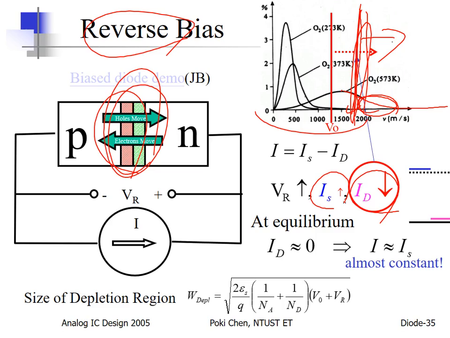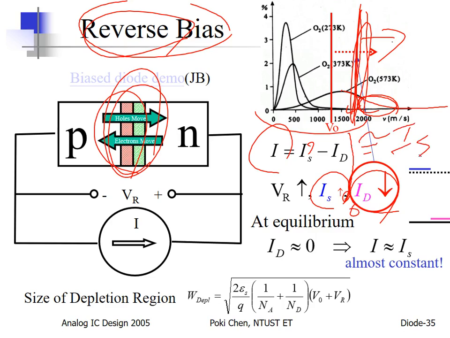Bingo. So after reverse bias, the total current will become this: IS is increased a little bit, and ID is reduced almost to 0. The current for reverse bias is equivalent to this one, but it is increased only a little bit, because from the beginning the depletion region is already so wide.